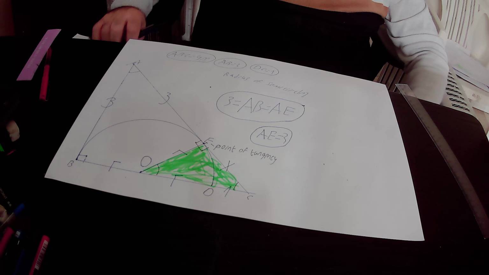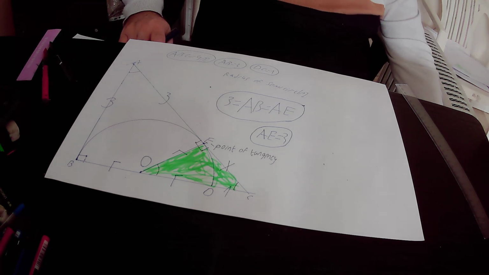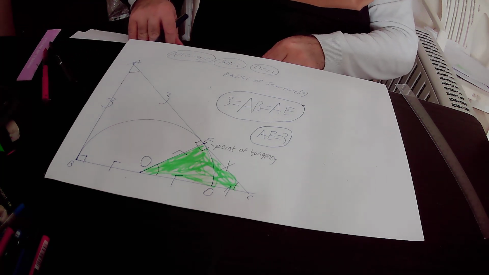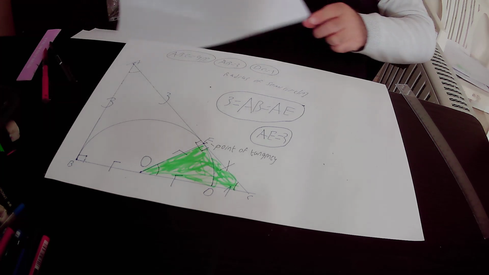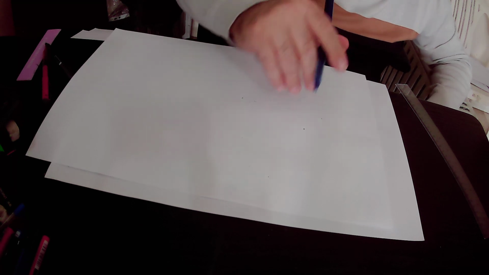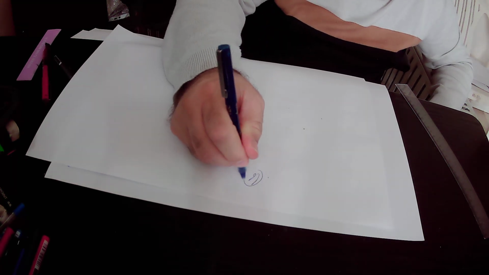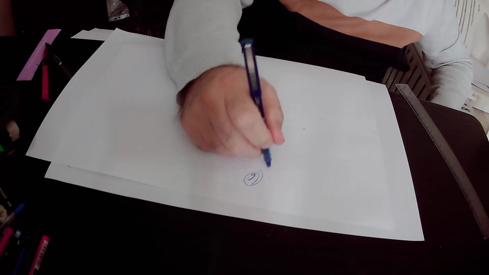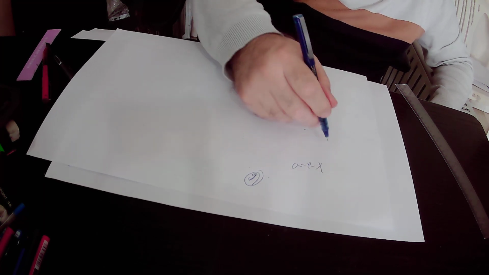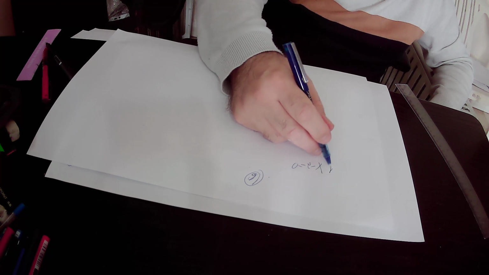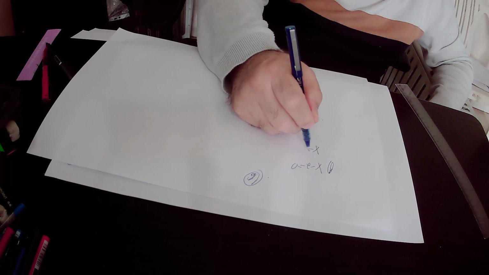So if x minus 2 equals 0, then x equals 2.